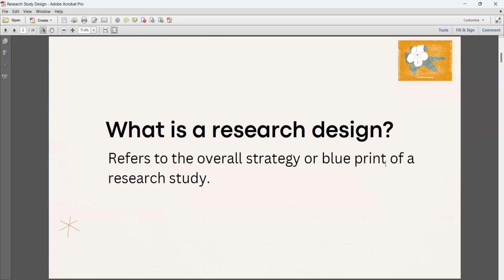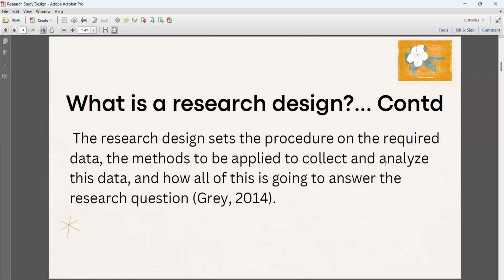So let us go on and see more about research design. If we have a research design, then we are going to have procedures on the required data, the methods that we need to apply to collect and analyze this data, and how all this is going to answer the research questions, as put clearly by Gray, 2014.